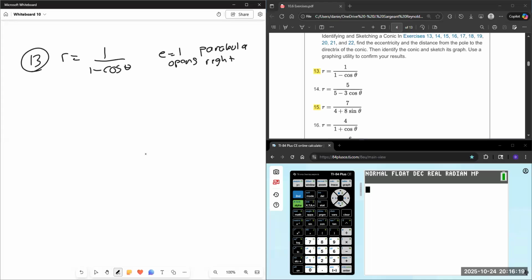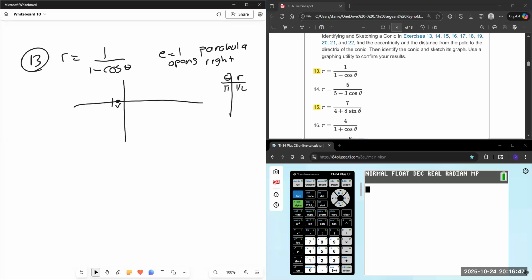But I need to get that vertex that's going to lie on the x-axis here. So I need theta is pi, because that's going to make me look to the left. And r is going to be 1/2. So there's my vertex there.